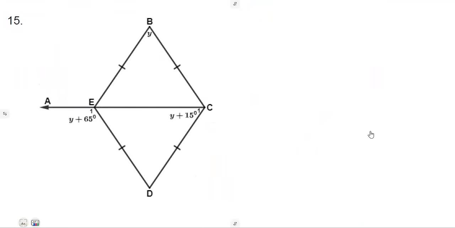Let's consider another question, which is on number 15. We are given this diagram. All of these sides are equal, as you can see. So it tells us something about the given angles. Remember, angles that are opposite equal sides are supposed to be equal.